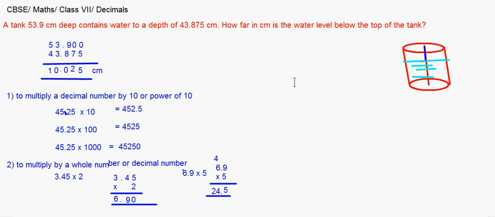I write it here. 7.25 multiplied to 1.1, as because we don't have anything, I can write a 0 here.